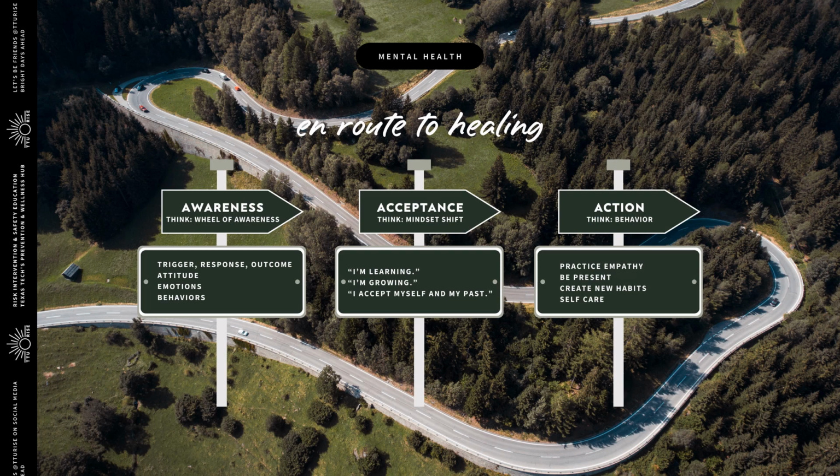Accepting, practicing that self-empathy. So you're learning, you're growing, and you're able to stay positive in those situations. And there's action associated with this, where you can be present and you create new habits, and all of this leads to learning how to take care of yourself and be able to show up the way that you want to.